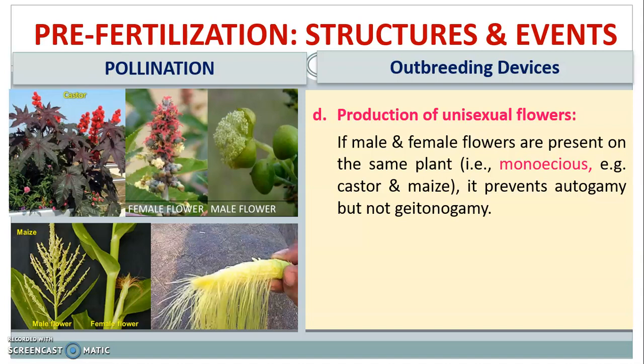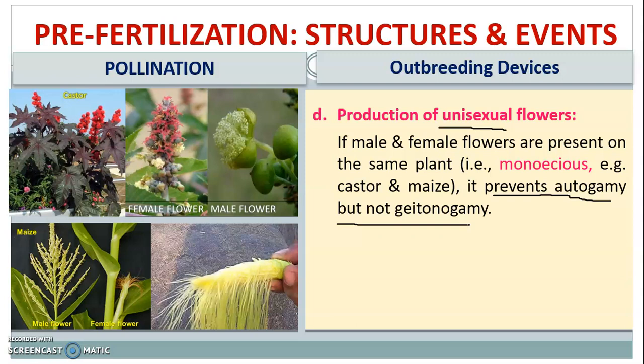One is the male flower and another is the female flower. This production of unisexual flowers prevents autogamy, but it supports geitonogamy, because geitonogamy is the transfer of pollen grain from one flower to another flower within the same plant.